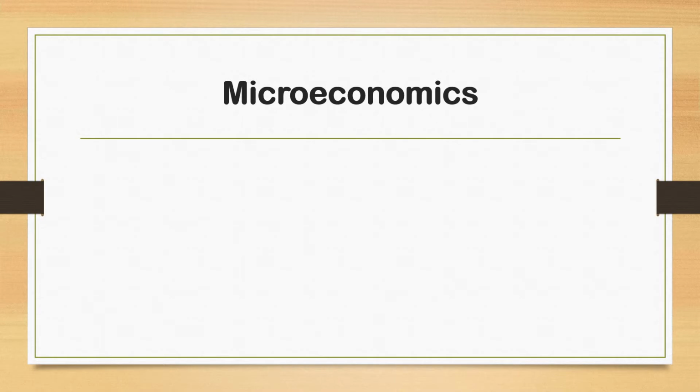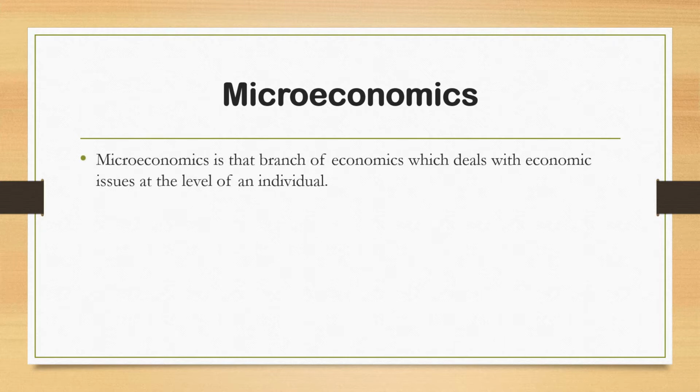The study of economics is divided into two branches, micro and macroeconomics. The word micro comes from the Greek word mikros, meaning small. Microeconomics is that branch of economics which deals with economic issues at the level of an individual.